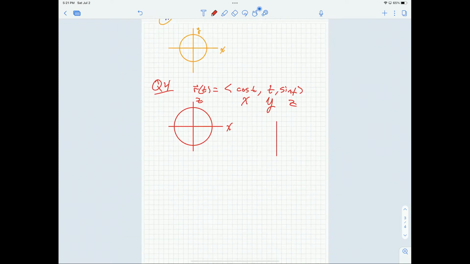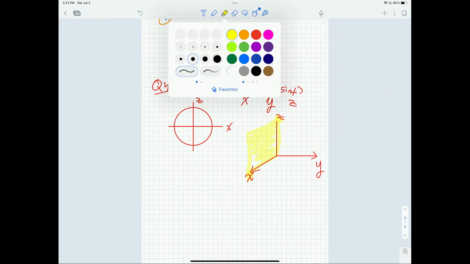So when you're trying to match that up with a graph, this is the y and this is the x. So it's making circles in the xz plane, which you have z here, you have x here. That's the one it's making circles in.